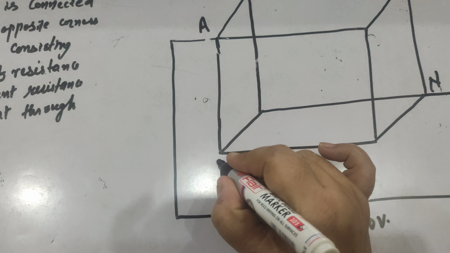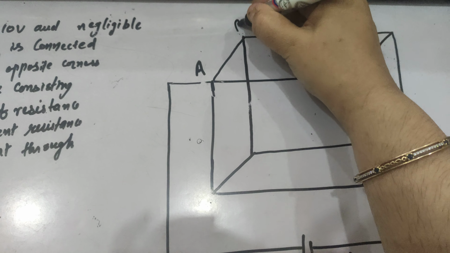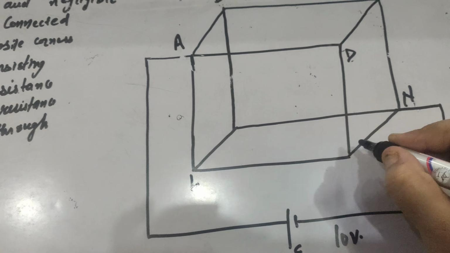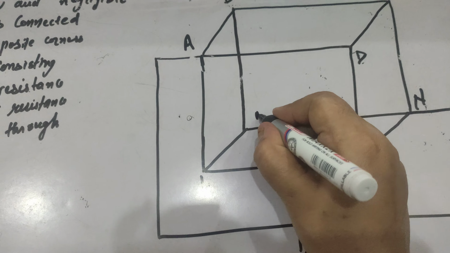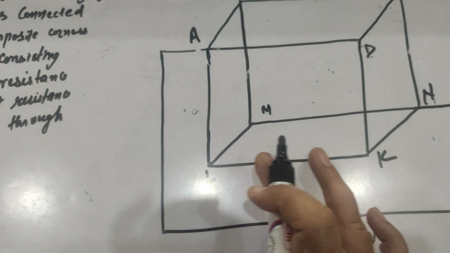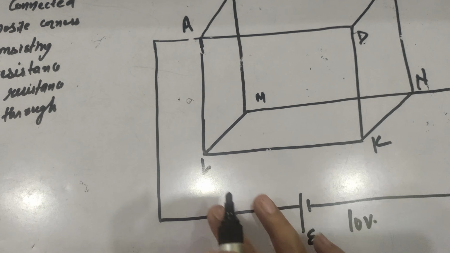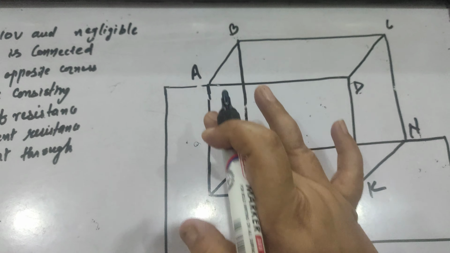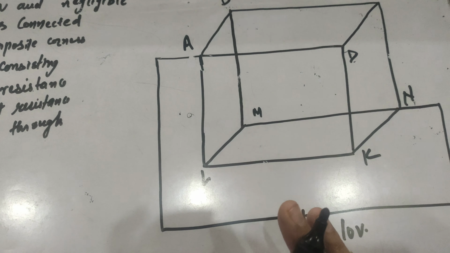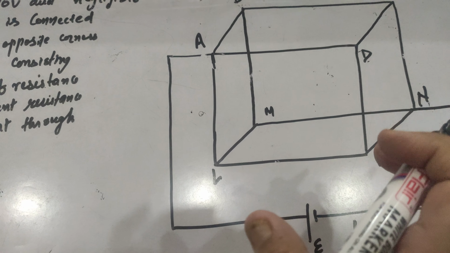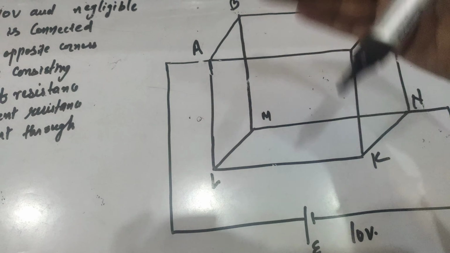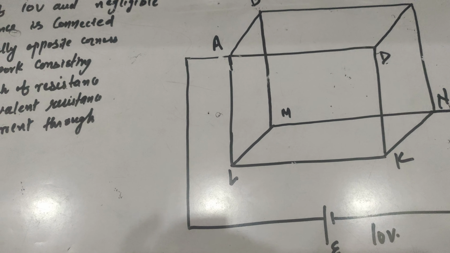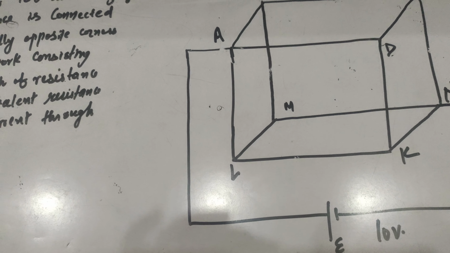Let us name these points A, B, C, D, and this is L, K, M. It means that the loop A, L, K, N, A and the upper loop A, L, K, N, L, C, B are connected in parallel. So the EMF across the lower loop and the upper loop should be equal. If we get this relation, we can easily find the equivalent resistance by equating both the EMFs.